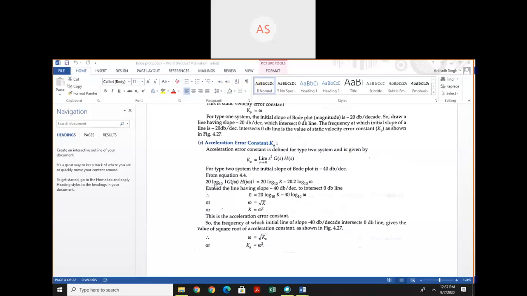And from this equation, 20 log G(j omega) H(j omega) is equal to 20 log K minus 20 multiplied by N log omega. Here the value of N is 2. So we get K is equal to omega square, and this is the value of the acceleration error constant. So we can calculate the value of Kp, Kv and Ka from the Bode plot.